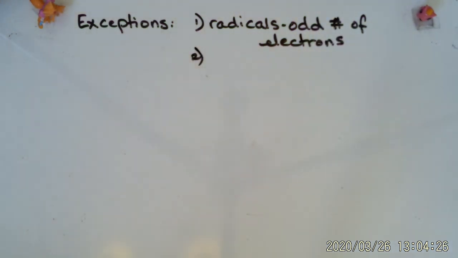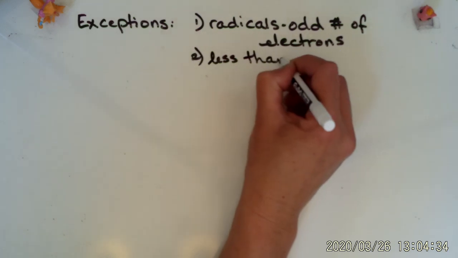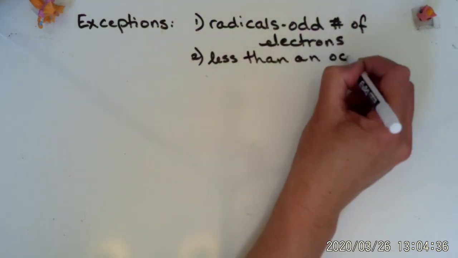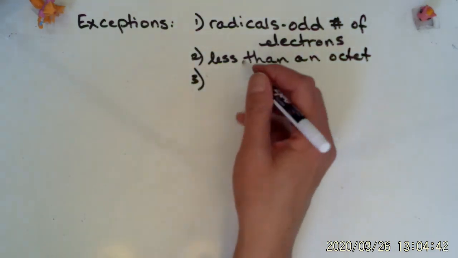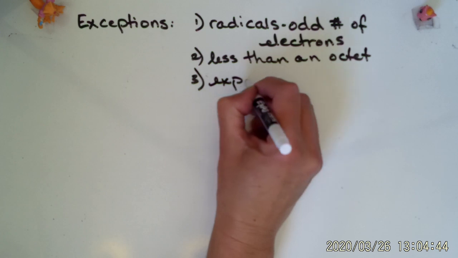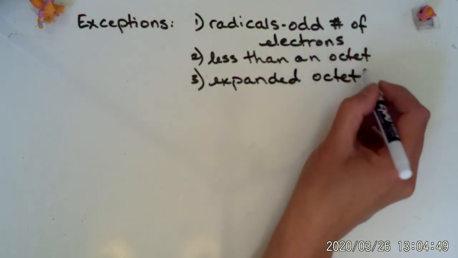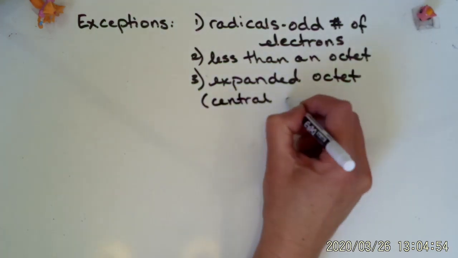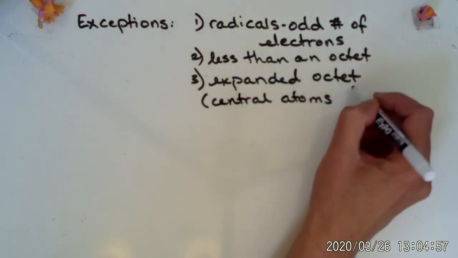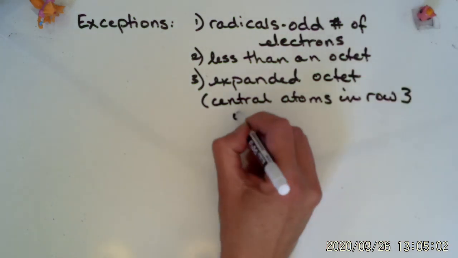Instead of having a lone pair, you're going to have a lone single electron. You can have less than an octet. But the one that you'll encounter the most, that's an exception, is an expanded octet. And remember, this is for central atoms that are in row 3 or greater.